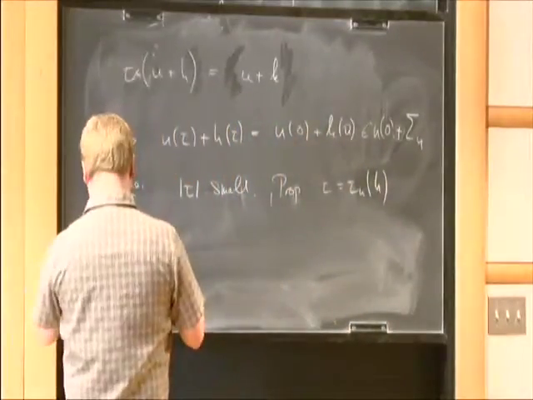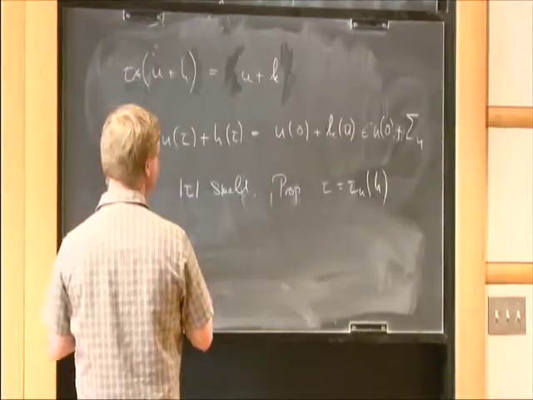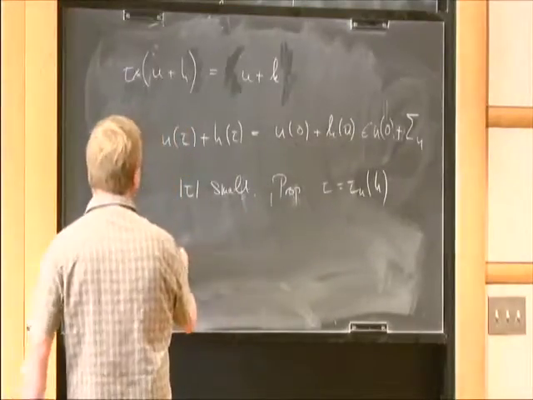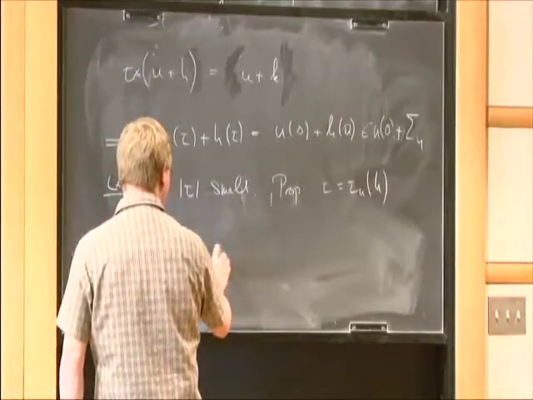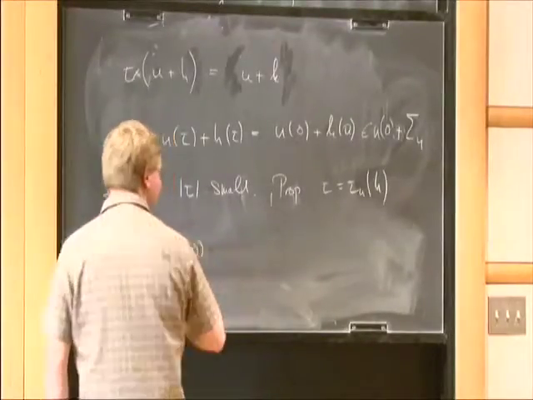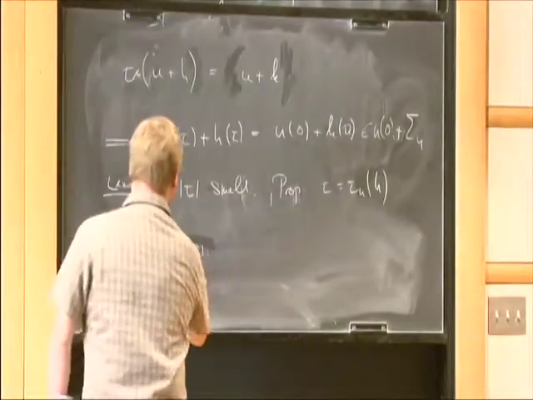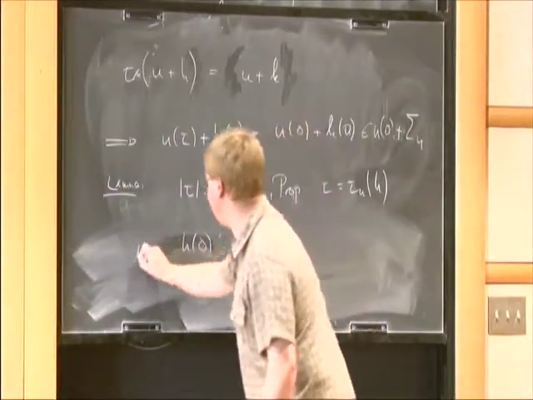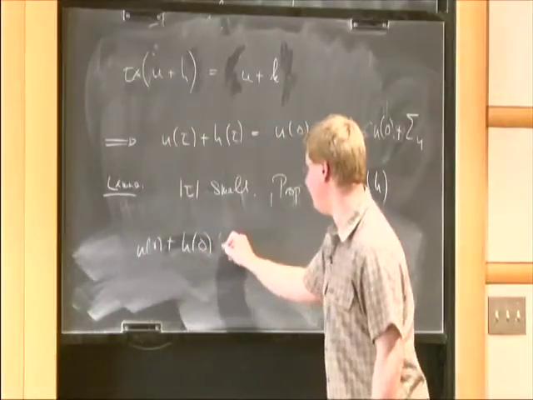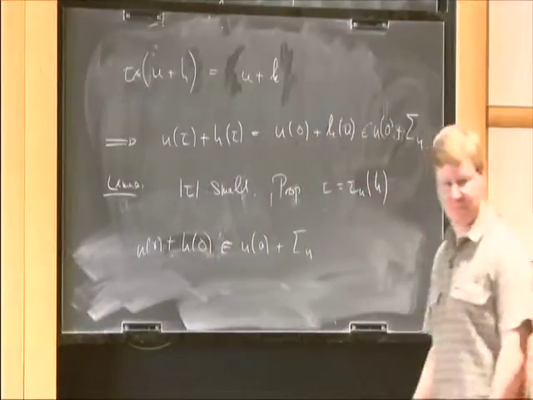Why are we done again? So tau u, right. Now you just look at u of 0. u plus h at 0 intersects at 0, and that's a locally unique point. So u of 0 plus h of 0 is trivially in u of 0 plus sigma u again.